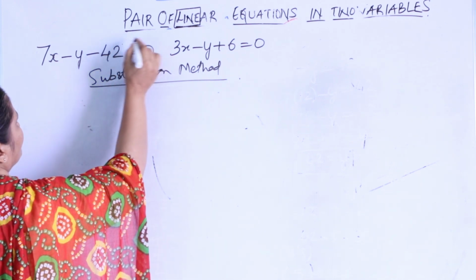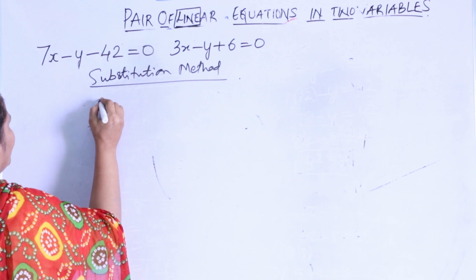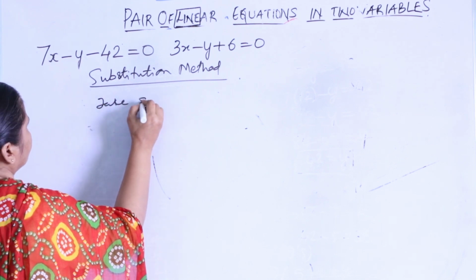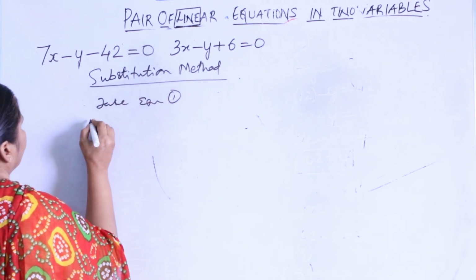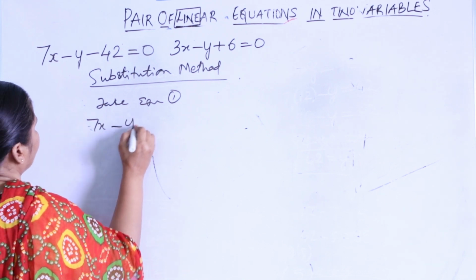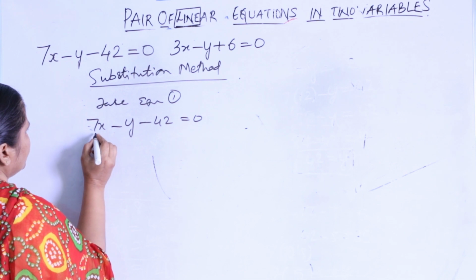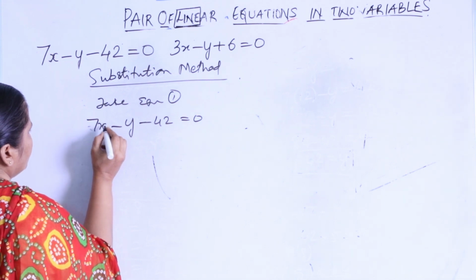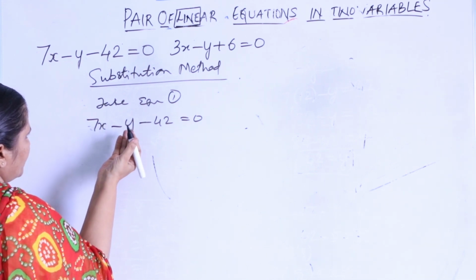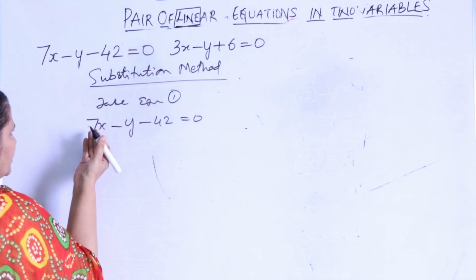Now let this be our equation 1 and equation 2. Take equation 1: 7x minus y minus 42 equals 0. Now let us express y in terms of x.